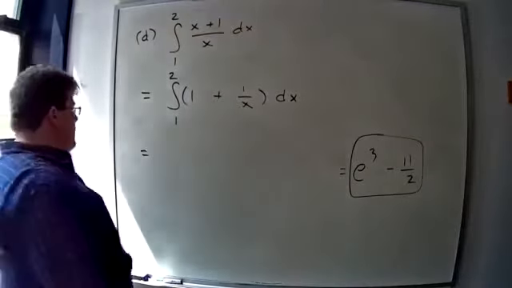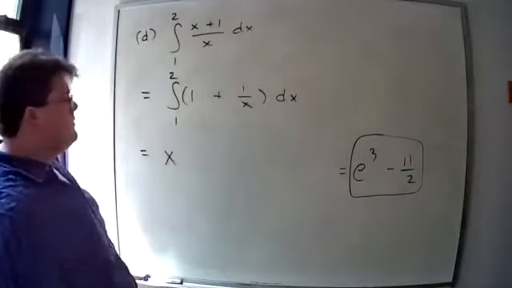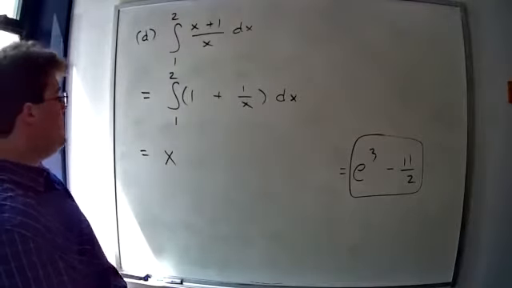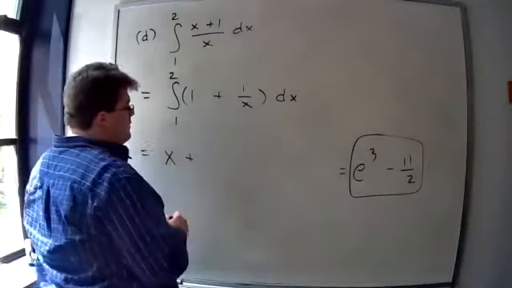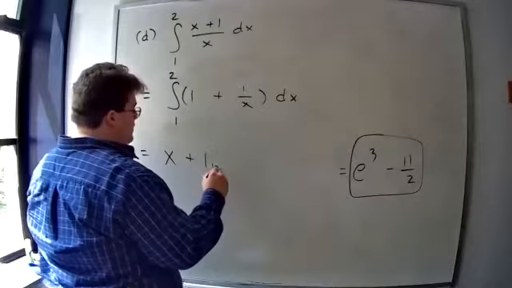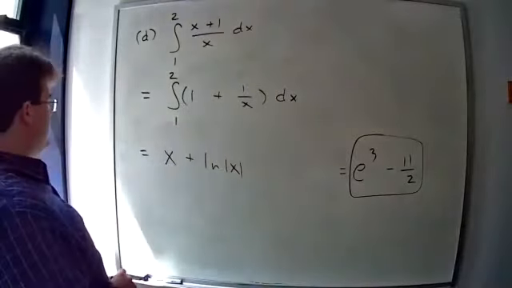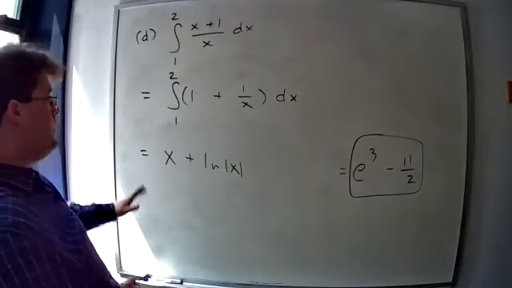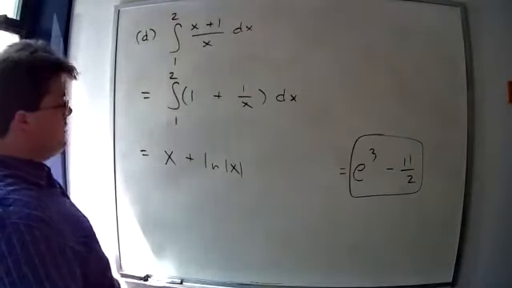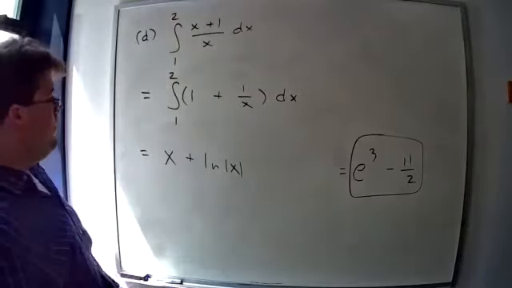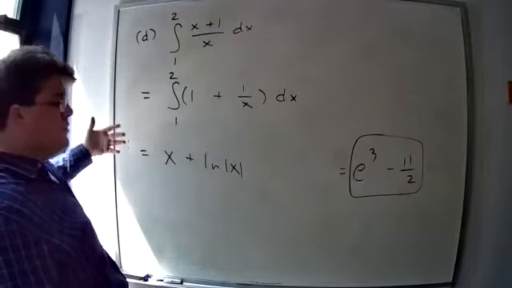The derivative of x is 1. So with the constant rule, we get 1 times x. The derivative of log x is 1 over x. In this example, you technically don't need the absolute value because these are all positive numbers. But I am going to throw the absolute value there in case negative numbers show up.